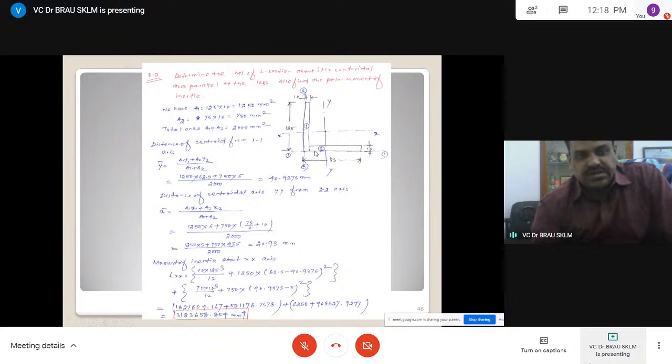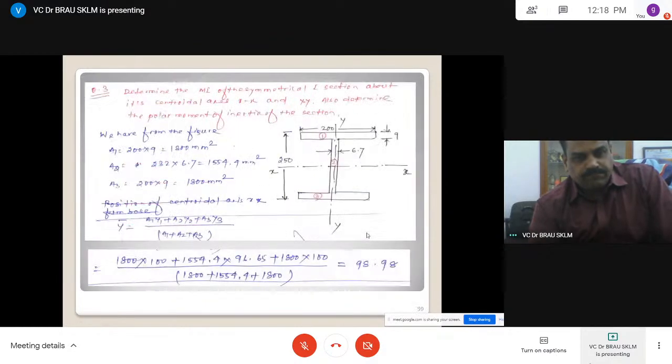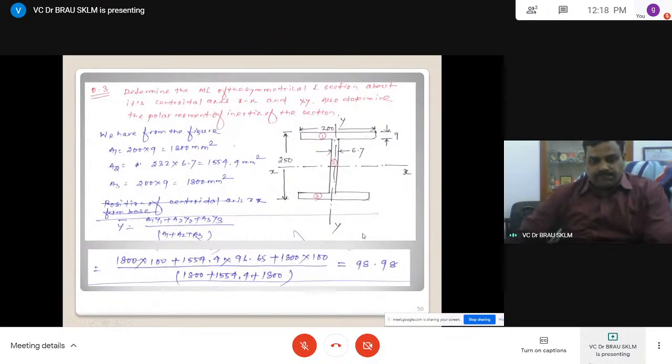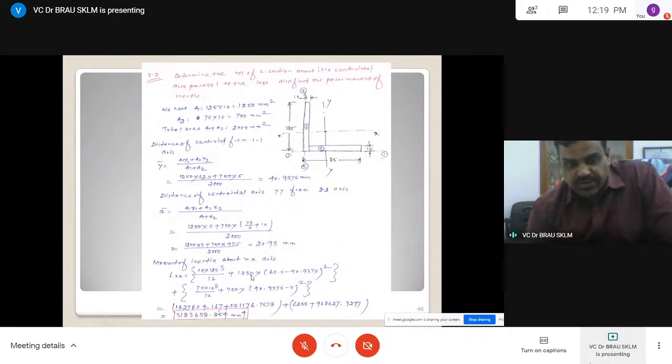See, about the first area, Ax square: 1250, the difference of this centroid and this centroid. This centroid is 5 and this centroid is, see, that's why this is x.